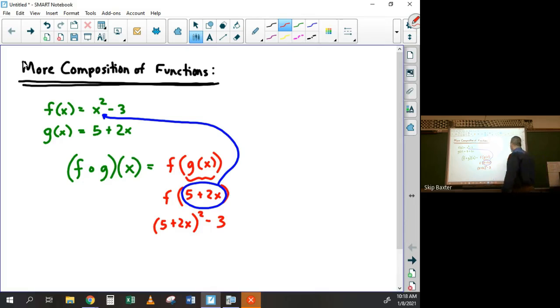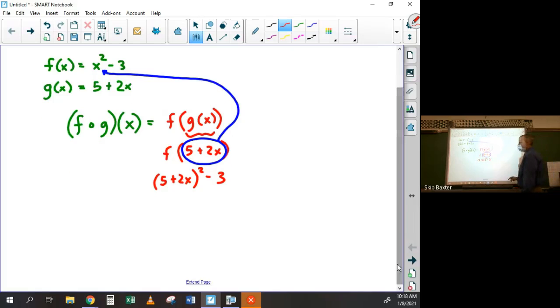Okay, I could simplify it if I wanted to. I think Delta Math just says standard form. I think standard form is simplifying though, but you don't have to. If we had to, that wouldn't be hard. You just FOIL this out and combine like terms.